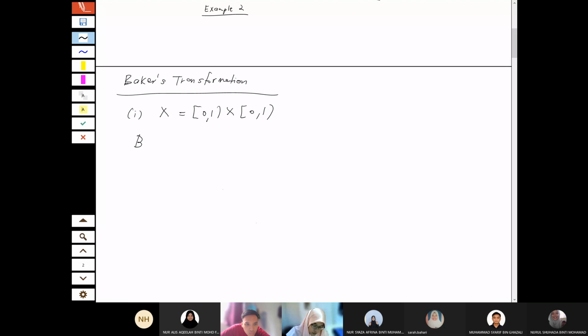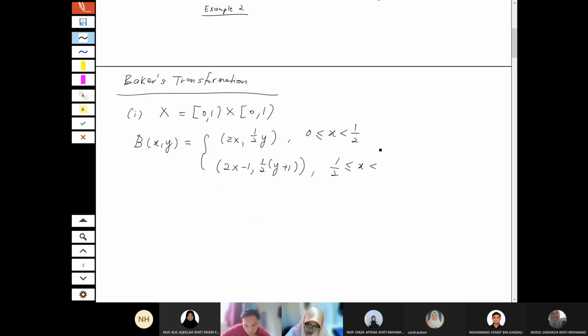So B(x,y), the Becker's transformation, is defined by this formula: (2x, y/2) for the case of x between 0 and half, and for the second segment, (2x minus 1, (y plus 1)/2) for the case of x between half and 1.